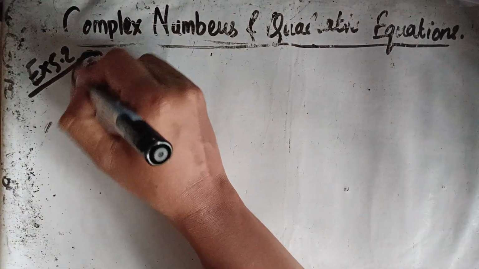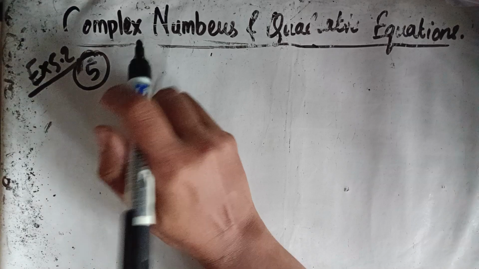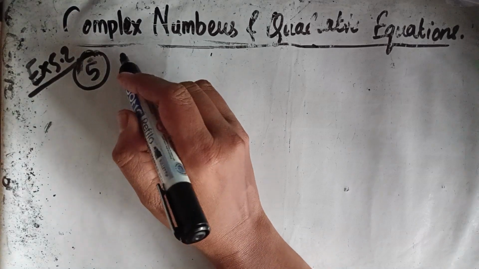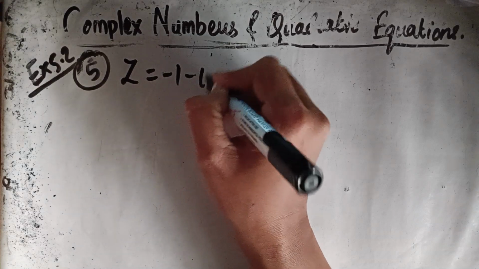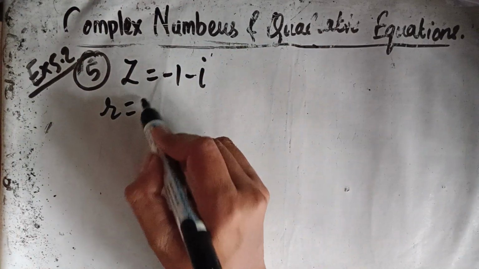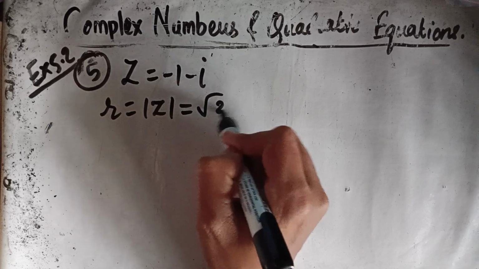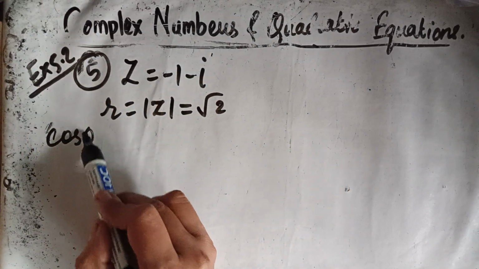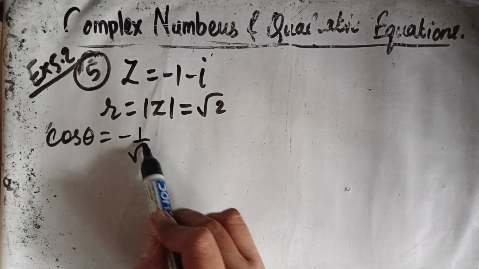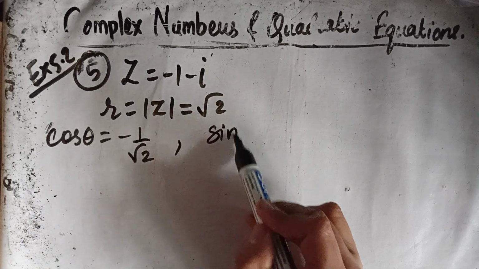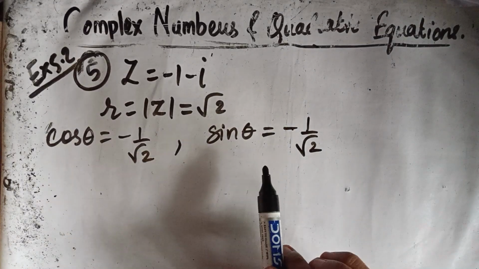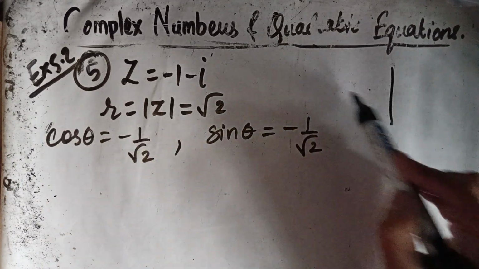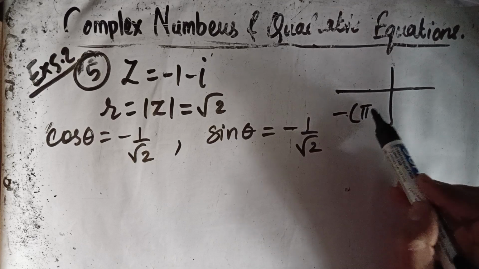Fifth one, minus 1 minus i. Again the mod is the same, root 2. Cos theta is minus 1 upon root 2. Sin theta is minus 1 upon root 2. Both are negative, so it is in the third quadrant. In the third quadrant, it is minus of pi minus theta.